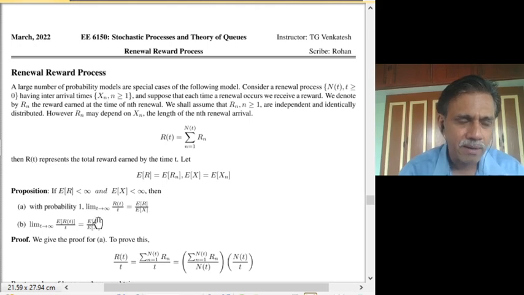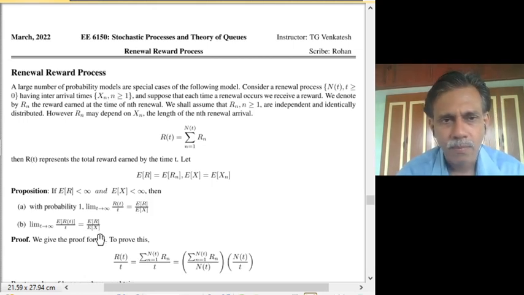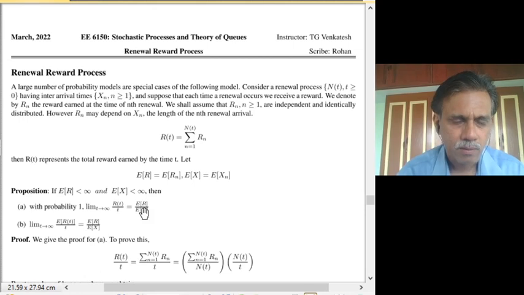A related statement is, in the limit t tends to infinity, E of R of t by t is also equal to E of r by E of x. Okay. This is very related. To prove this statement, we go as follows.